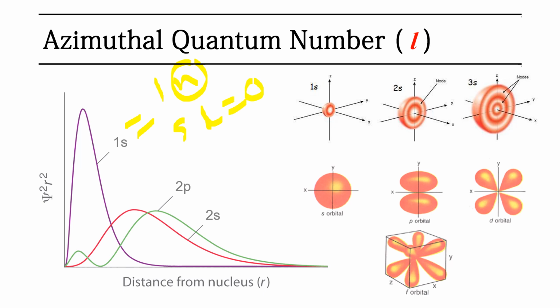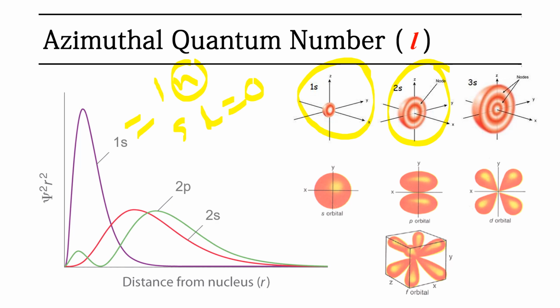For that kind of energy level, this is the kind of probability of finding an electron around the nucleus. This is a spherical shape, and it goes to 2s.